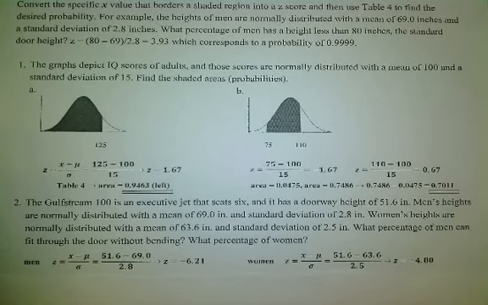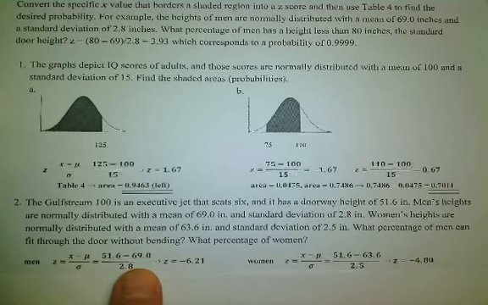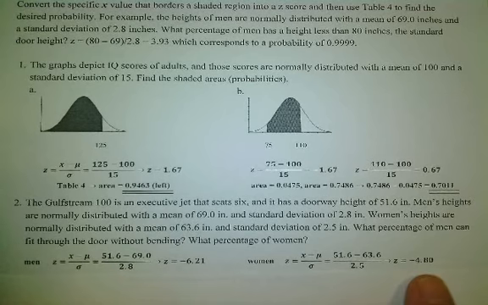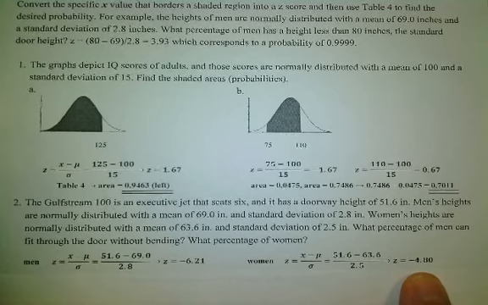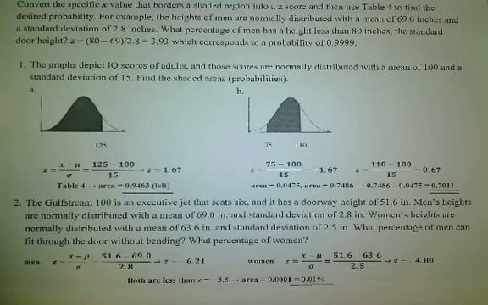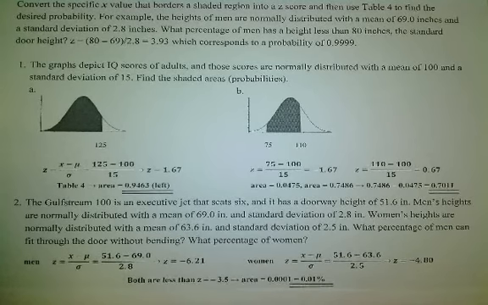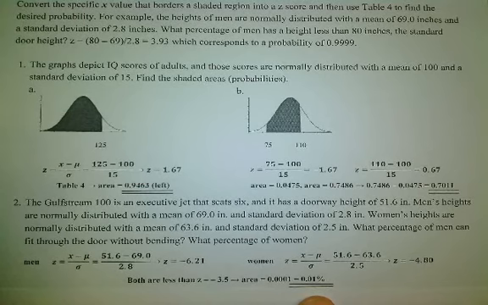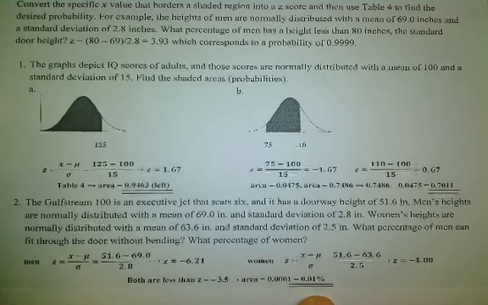So we're going to do the same kind of thing. Turn each of those into z-scores. For the men, 51.6 is well below 69, so we actually end up more than 6 standard deviations less than the mean. For women, it's almost 5 standard deviations less than the mean. Both of these are much less than z equals negative 3.5, and so we would use an area of 0.0001, which is basically 1% of 1%, 0.01%.